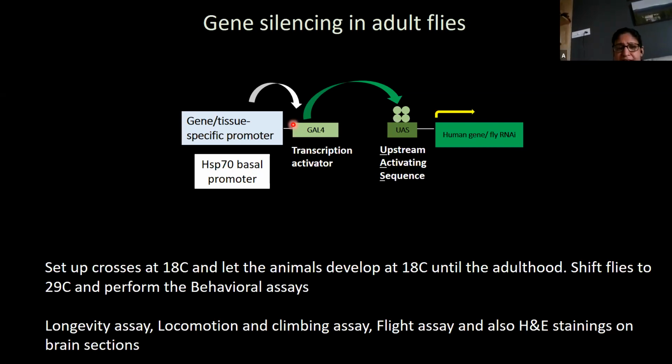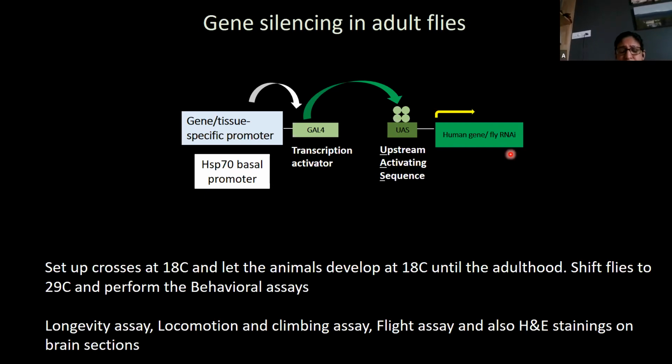So if the temperature is high, you'll have a higher level of GAL4 expression, and if the temperature is low, you'll have low levels of GAL4. This way we get temporal and spatial control of GAL4, as well as different amounts of GAL4. Altogether, this controls the expression levels of the human gene or RNA that we want to express.